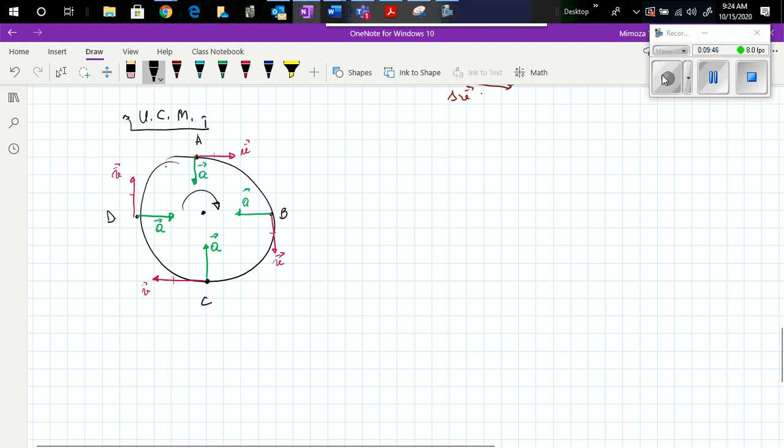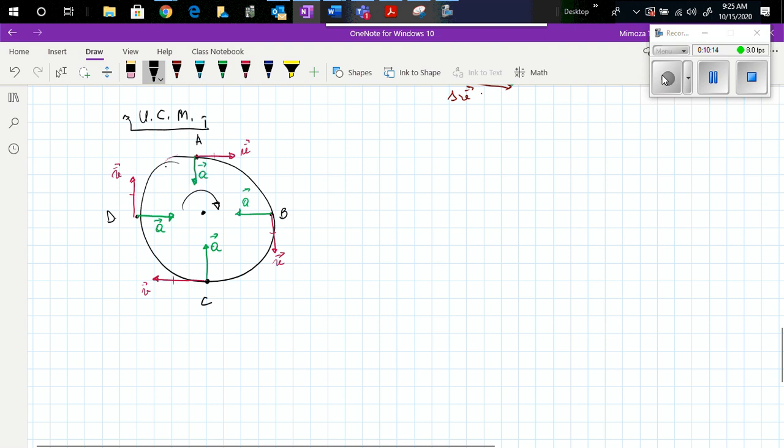We say that we are dealing with a uniform circular motion, but actually we are dealing with a motion where the velocity and the acceleration change direction continuously. So it is a motion that is harder than what we have seen before.